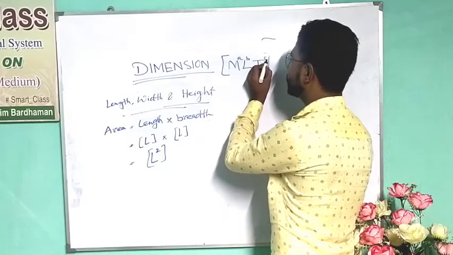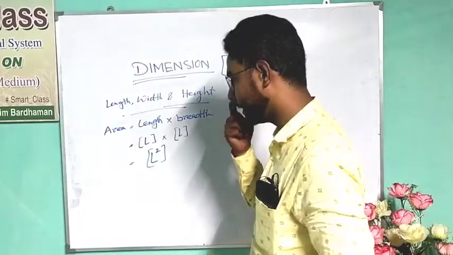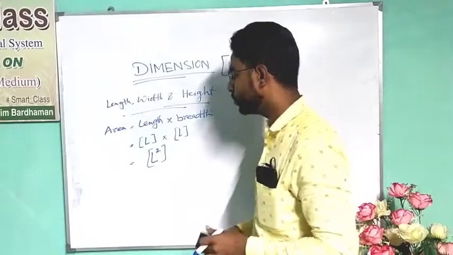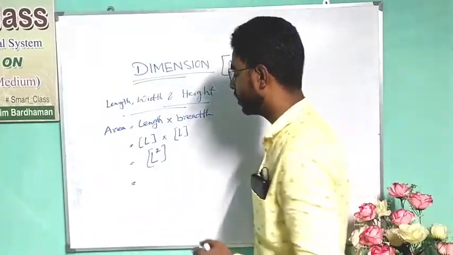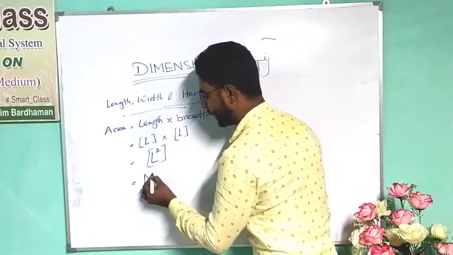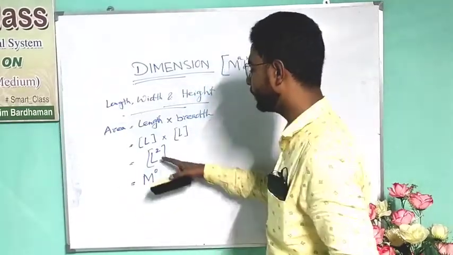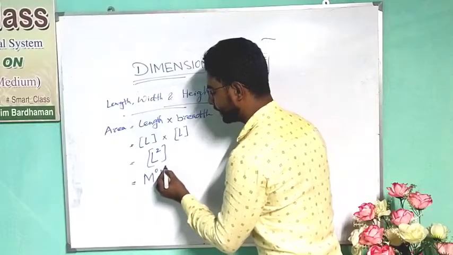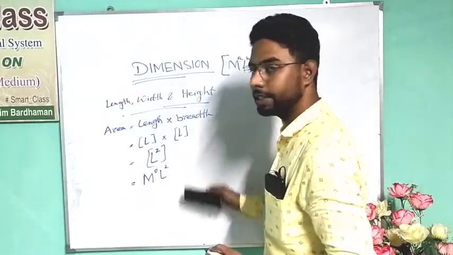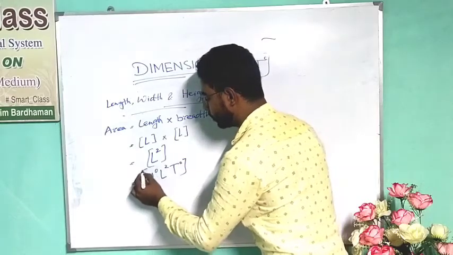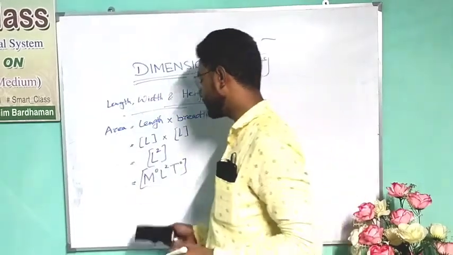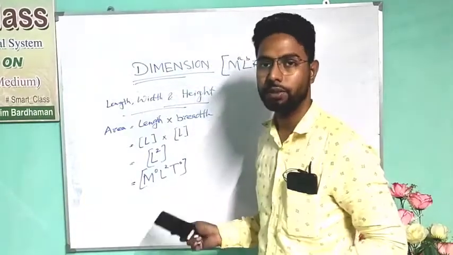It contains some powers: M^a, L^b and T^c. We have no mass, so we put M0. We have L2. We don't have any time, so we put T0. So the dimension of area is M0 L2 T0.